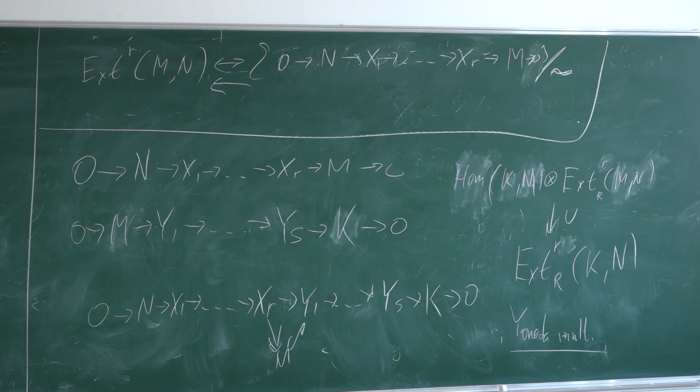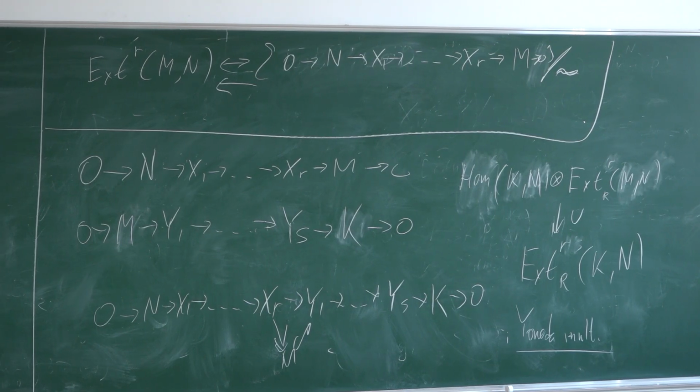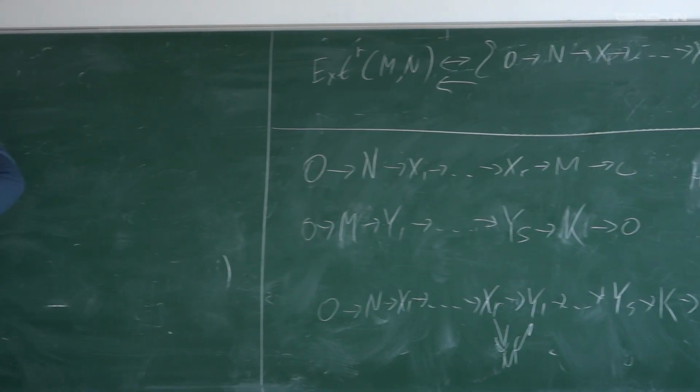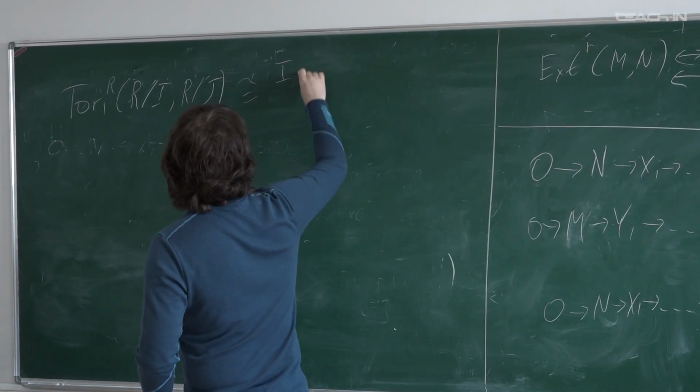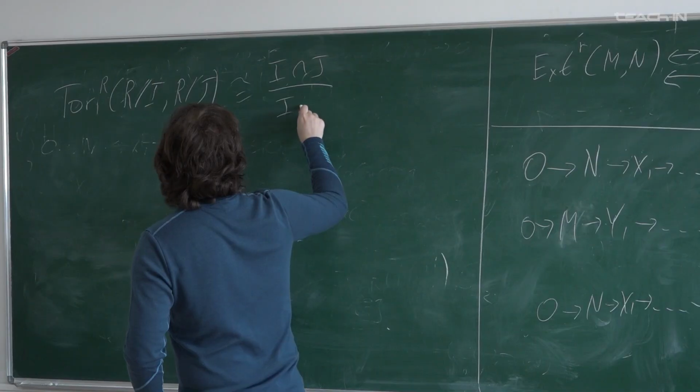Now I have 2 easy exercises and examples of extensions. Easy exercises, but maybe important. What about, for example, Tor of R_i, R_j as a morphism of this thing?